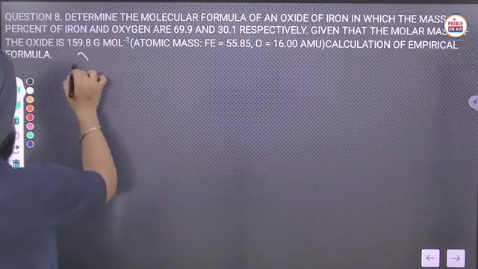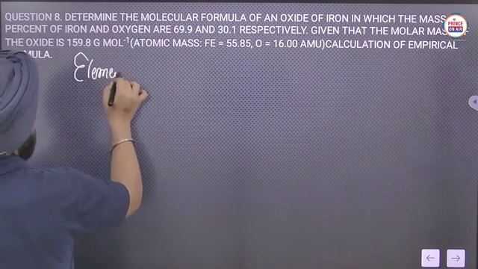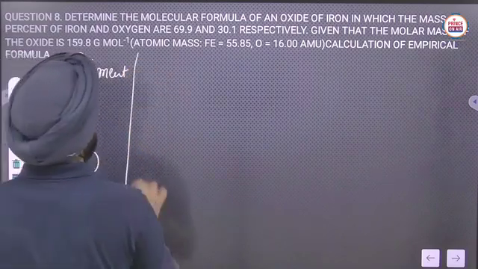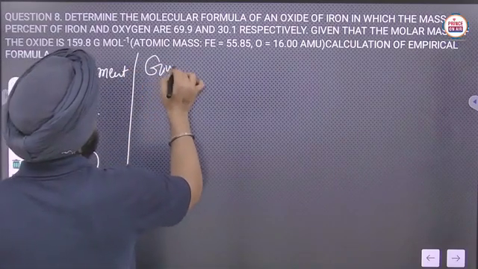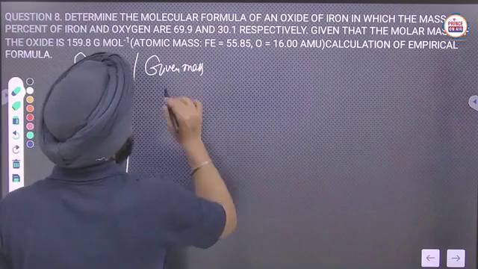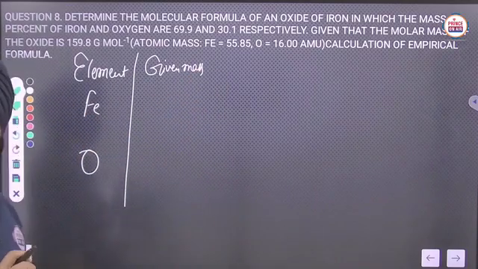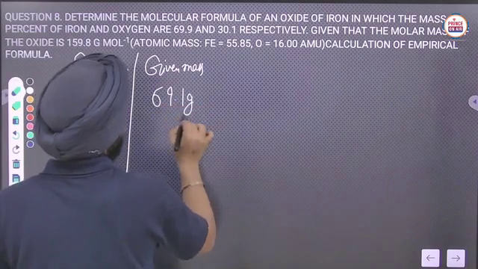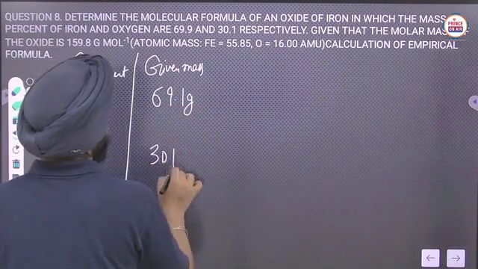Okay, the elements are iron and oxygen. For the given mass, we suppose the sample is 100 gram, so it is 69.1 gram and 30.1 gram.